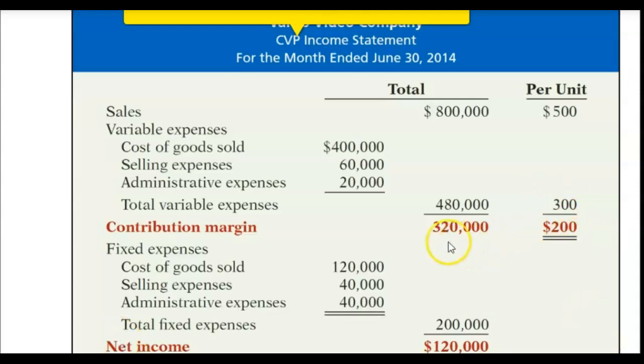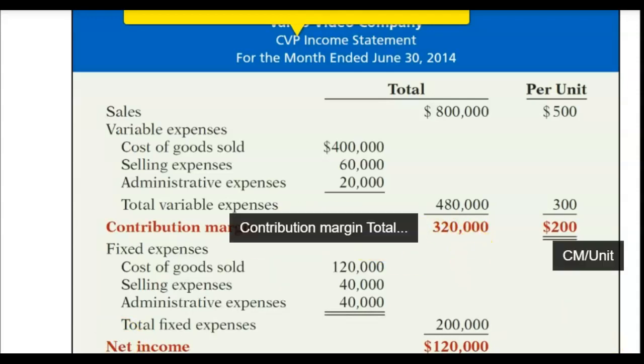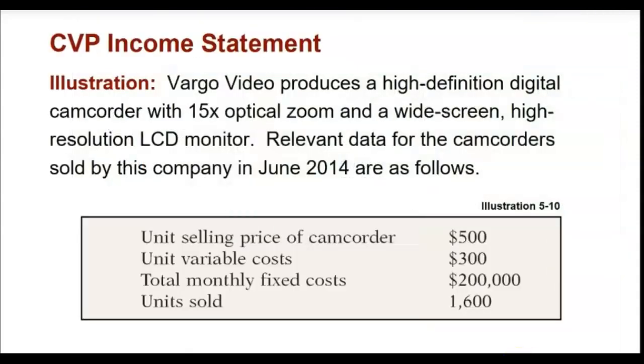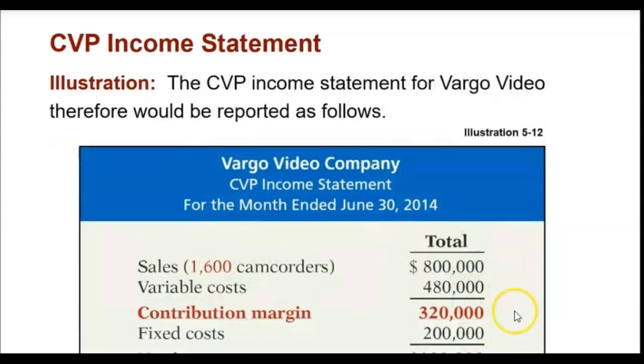And so, two new terms, contribution margin in total, contribution margin per unit, and this is a cost volume profit income statement. I have here cost volume, we have selling price 500, variable cost 300, mixed cost, fixed, total fixed 200, units sold. So again, my cost volume income statement shows this.